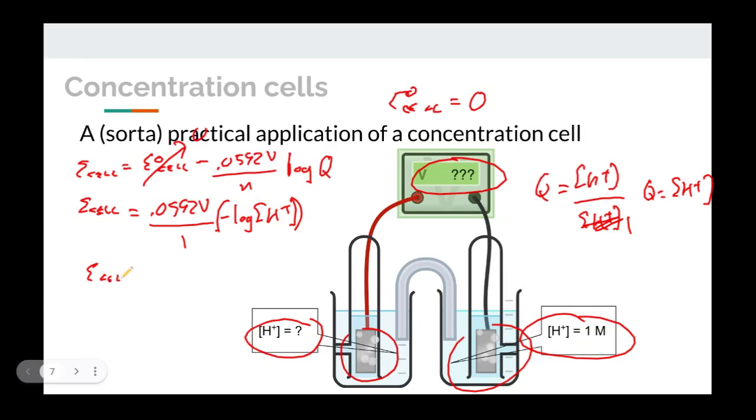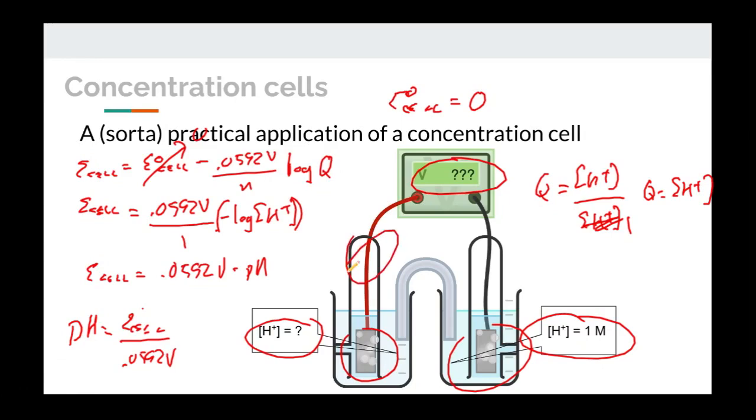So the cell potential is 0.0592 volts times the pH. So the pH is the cell potential divided by 0.0592 volts.